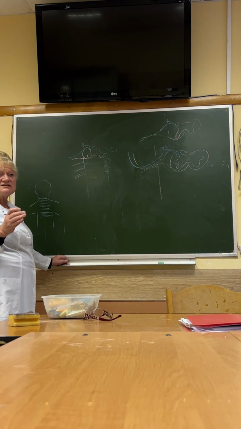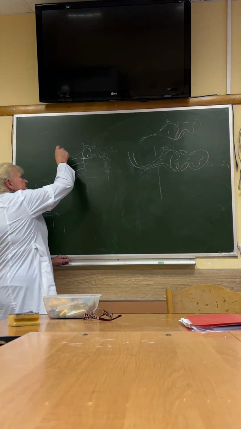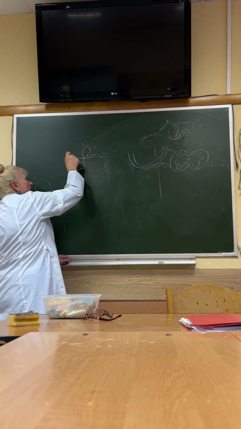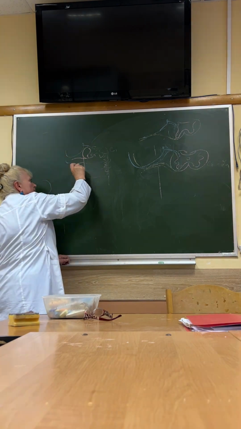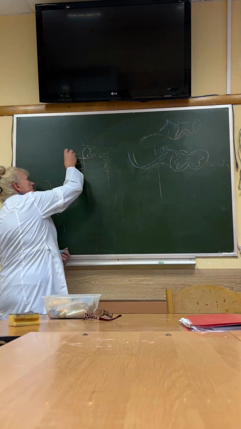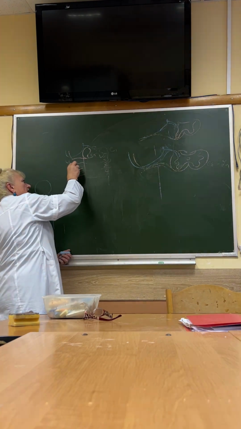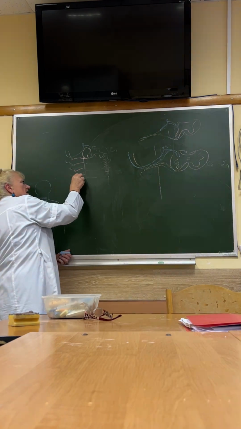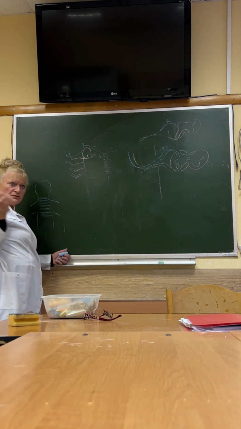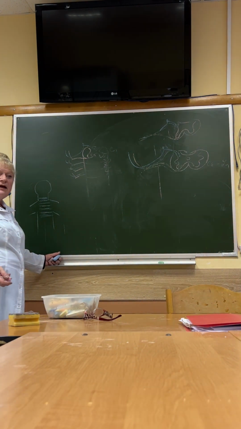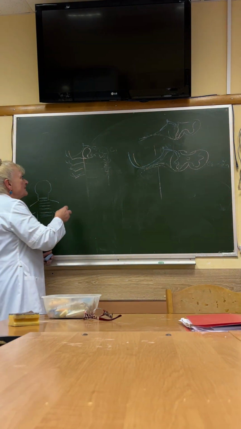Each nerve divides into what branches? Posterior branches, which include muscular and cutaneous, about which we already spoke, and anterior branches.